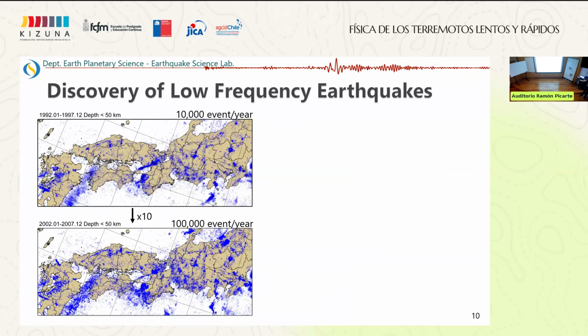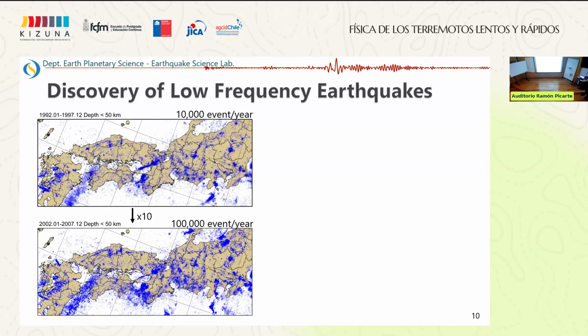Soon after the discovery of the slow slip event, we also discovered a slightly different phenomenon, a seismogenic phenomenon that radiates very tiny seismic waves. It's called low frequency earthquake. This is a comparison between earthquake distribution in Japan around the Kobe earthquake, and this is 10 years later.